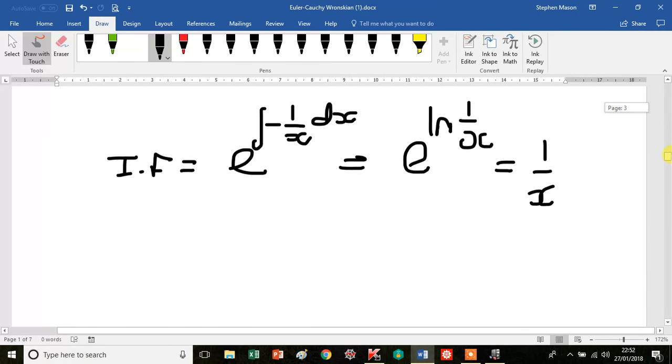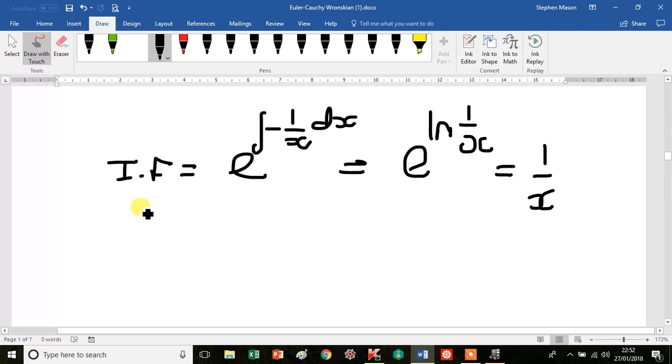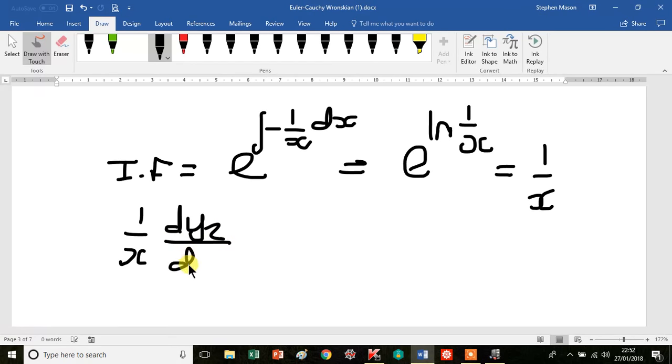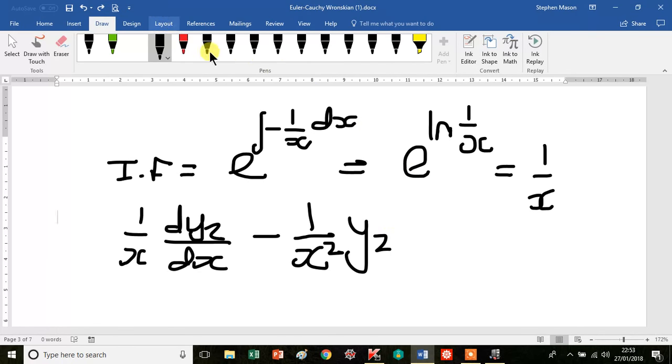Right, so if we multiply equation 5 by 1 over x, we get 1 over x dy2 by dx, and we've got minus 1 over x squared times y2, and that is equal to C3 over x.